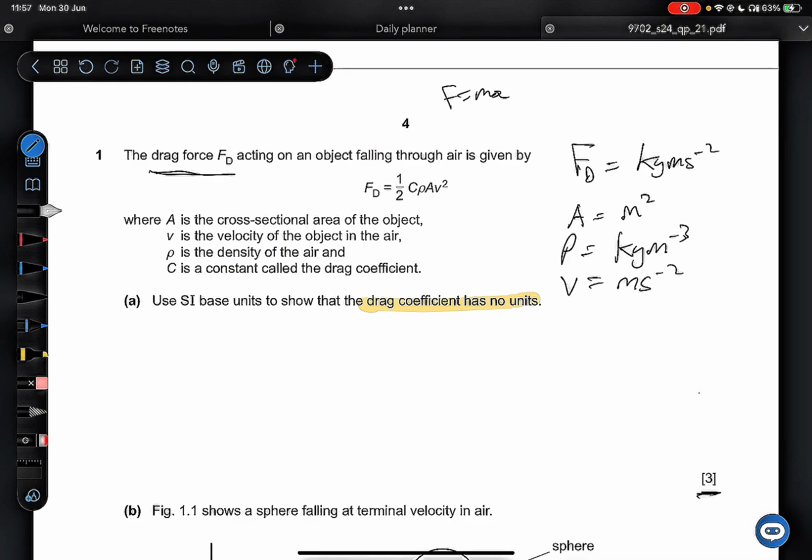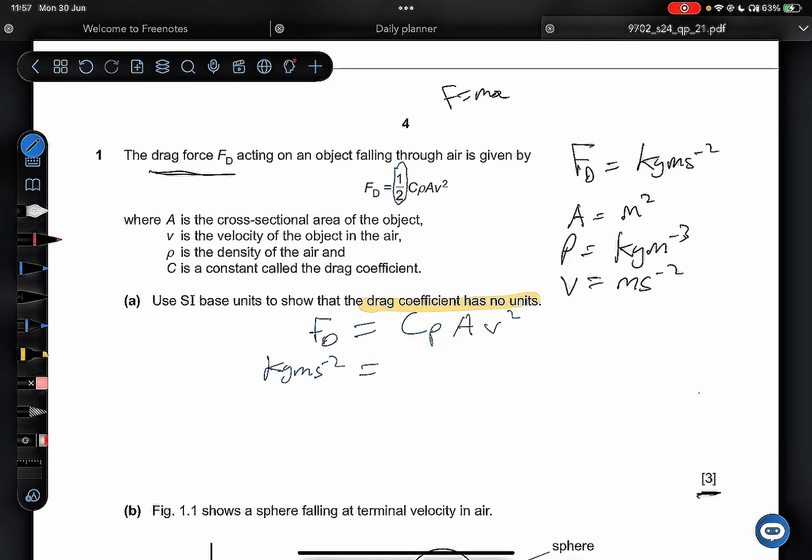Now, C is the constant called the drag coefficient. So we should show that C has no unit. Remember, when we're doing unit questions, the whole numbers don't matter to our case, so we can choose to ignore them, and we can write the whole statement as FD equals C rho A v squared. Now FD is kg m s minus 2.